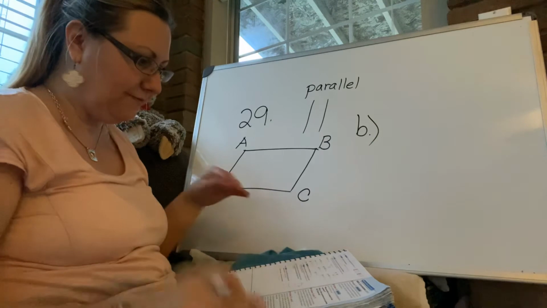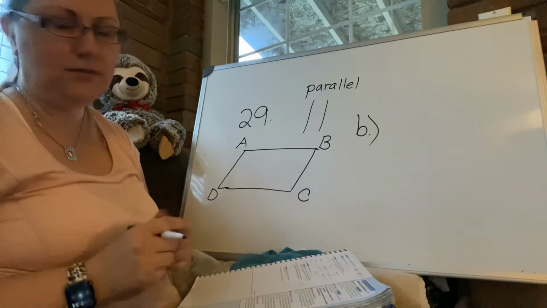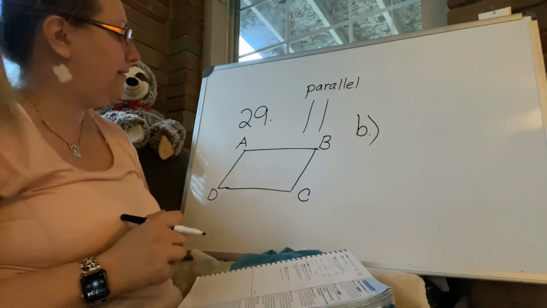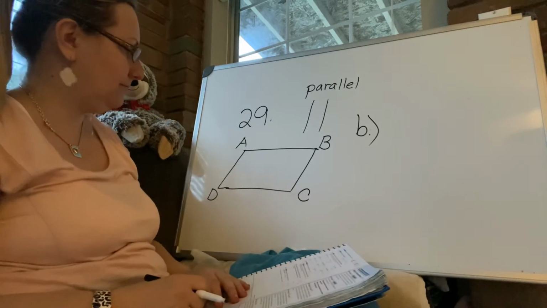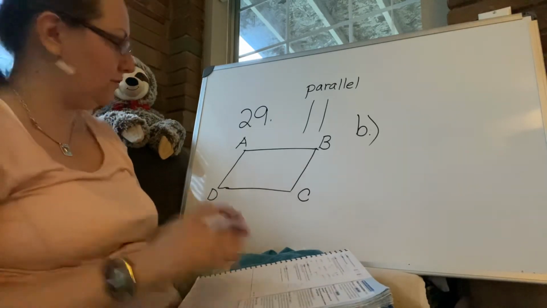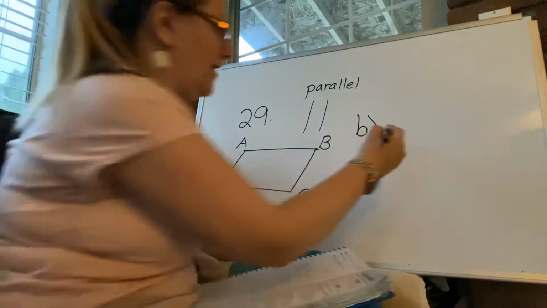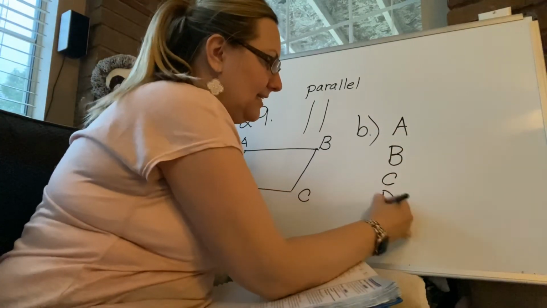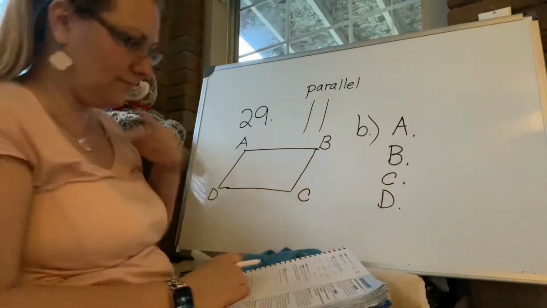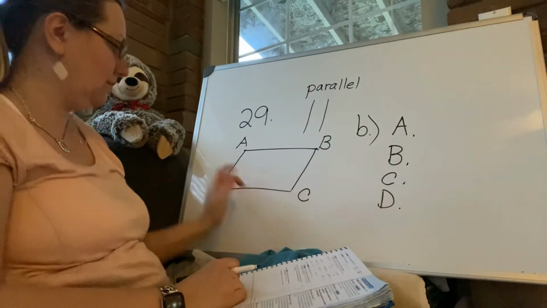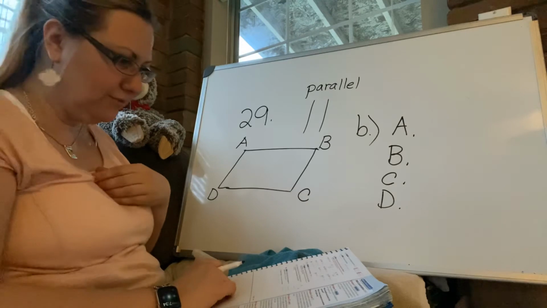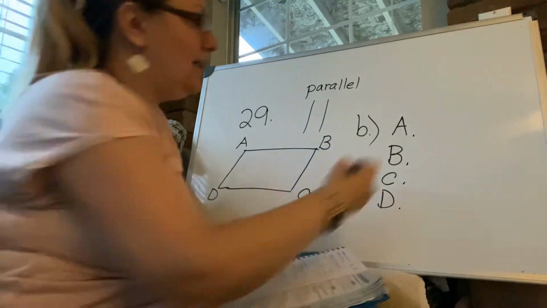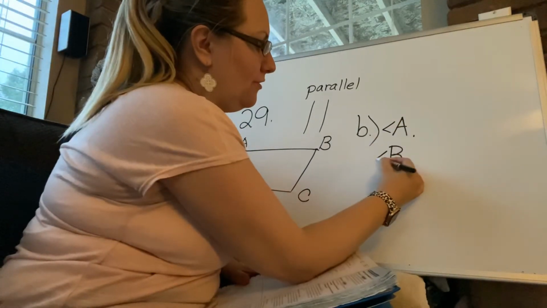It says classify the angles, not the sides, not anything but the angles. So let's think about every single angle. So we're going to put A, B, C, D, and because there's all these different angles, right? So in fact, I'm going to put the little symbol for an angle.